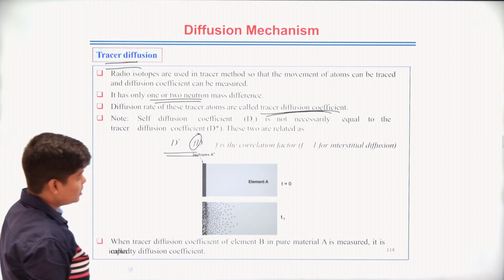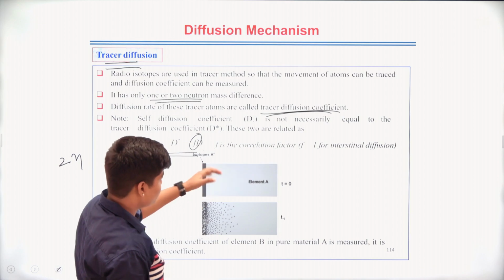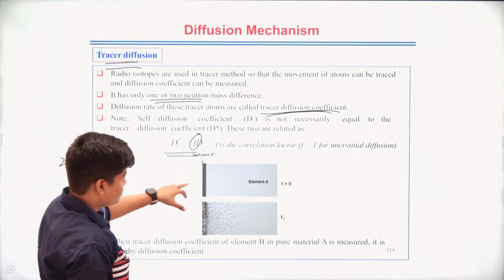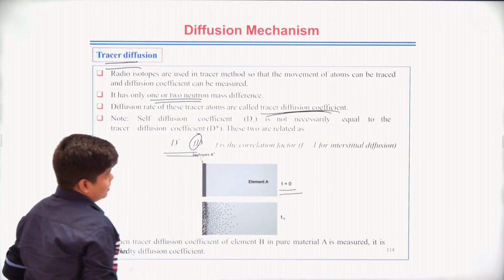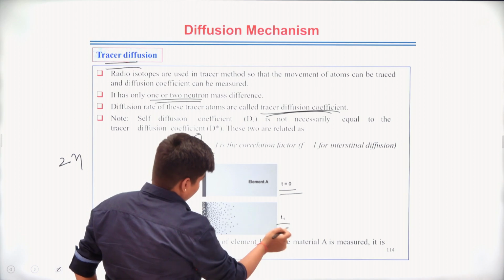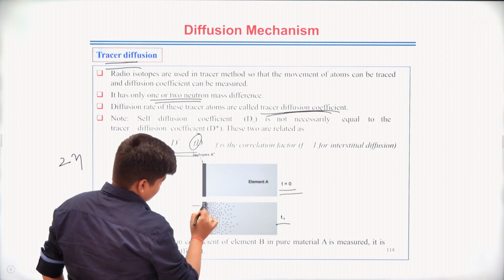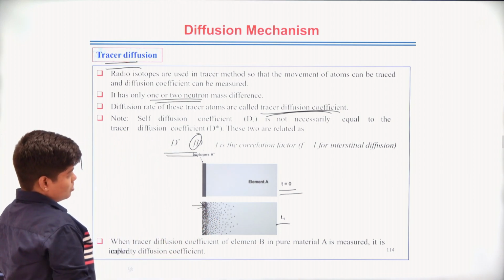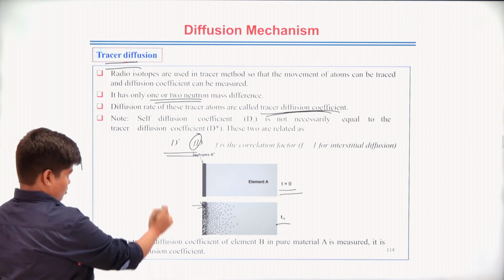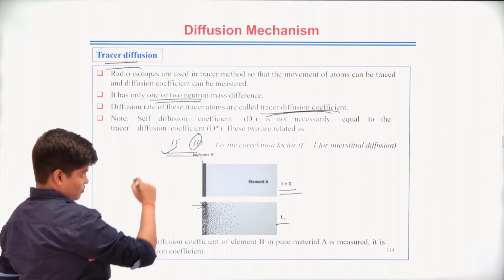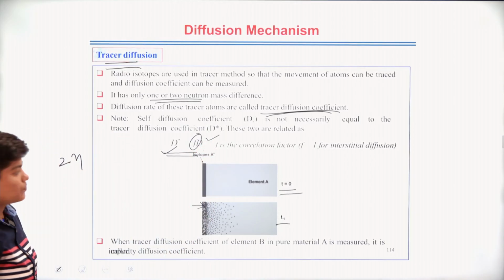If an element B diffuses in pure metal A, at time 0 it is at the surface, and at time t1 it has diffused into A. This is known as tracer diffusion, and the relation is D star equals F times ds.